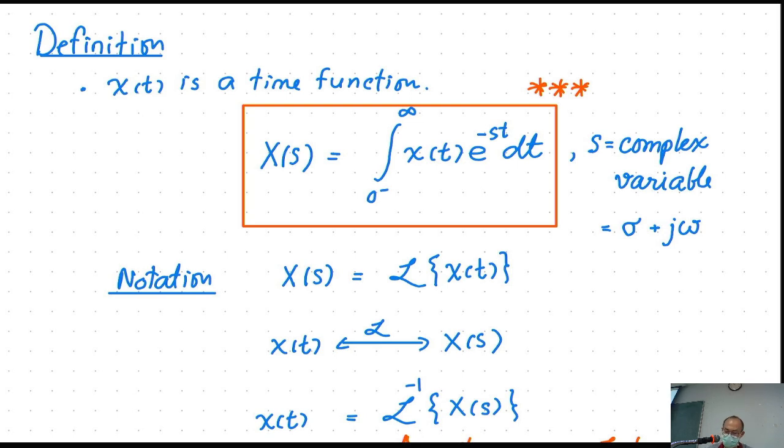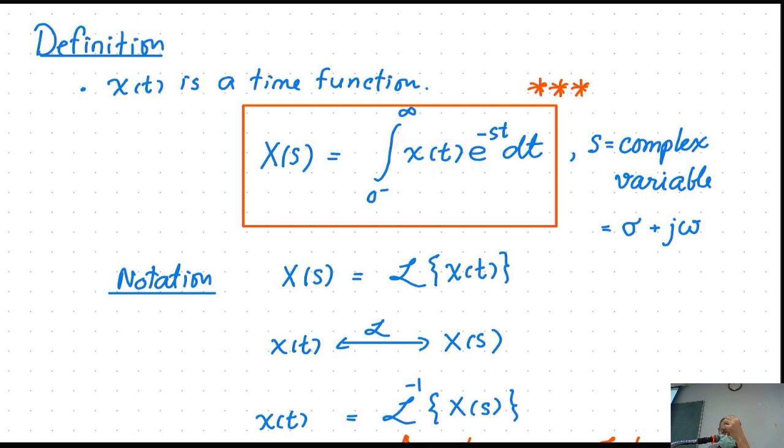You put the time domain signal here, right? And you multiply it by e to the negative st, and you integrate it with respect to time, going from 0 negative to infinity. Now, 0 negative means just before time 0. The importance of this is that sometimes there is a function x that exists only at time 0.